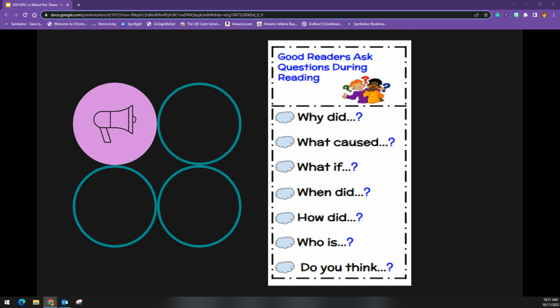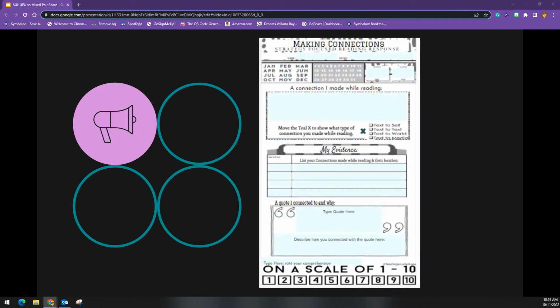For example, if you're working on the skill questioning with your students, they can use mixed pair share along with the bookmark to find a partner and practice asking questions utilizing the question stems. Older students might be asked to make a connection and fill out this type of bookmark before participating in a mixed pair share to share their connections about what they read with their peers.